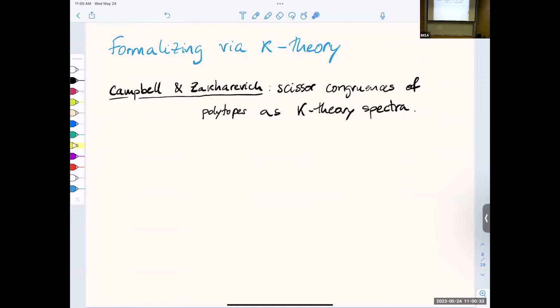Now, as I already said, to give you a little bit of the flavor of what's coming, formalizing the notion of scissors congruences and cut and paste invariants via K-theory gives you a powerful tool to understand this problem. And I already mentioned Campbell and Zakharevich, who have done a lot of work on scissors congruences of polytopes as K-theory spectra.